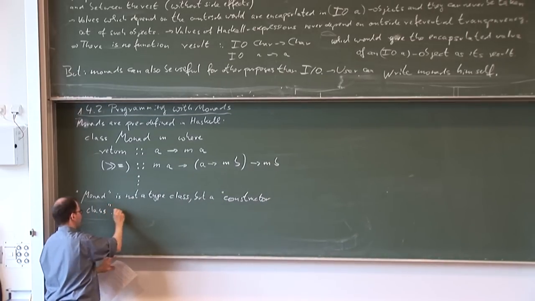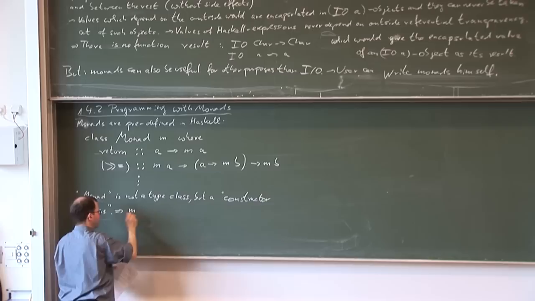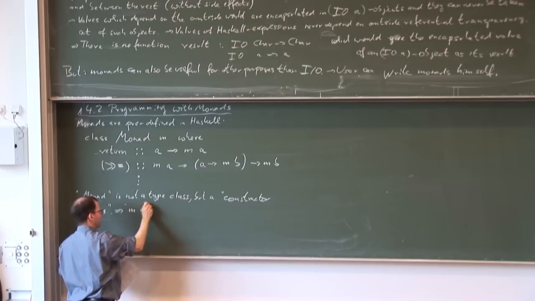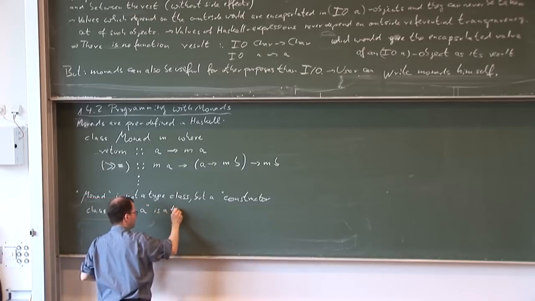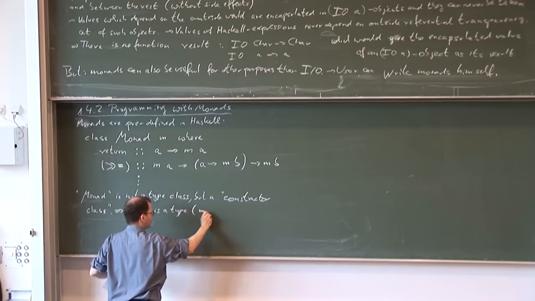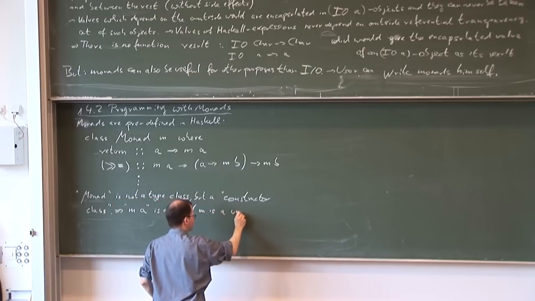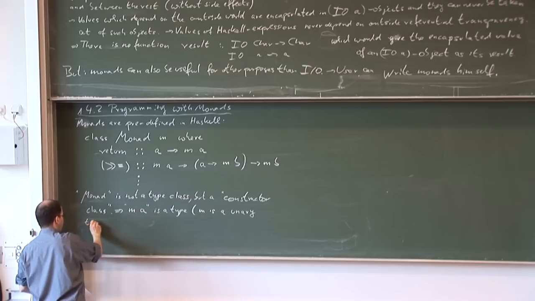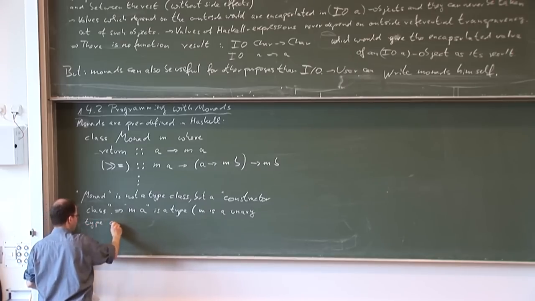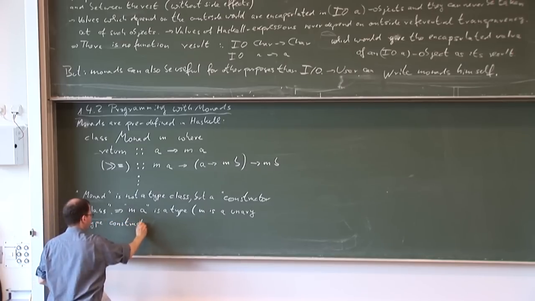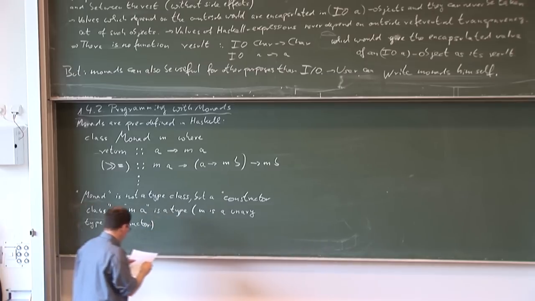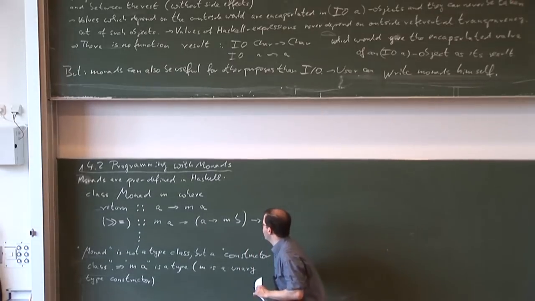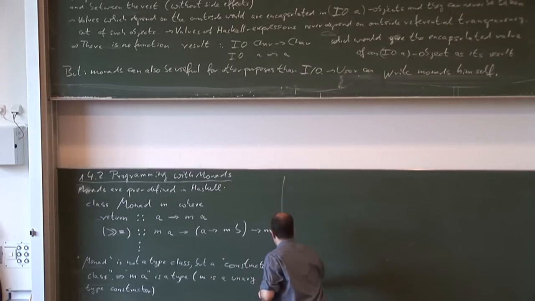In other words, this M up here is not a type, but MA is a type. And so M is a type constructor with arity 1. So M is a unary type constructor. For example, an instance of this class is I/O.